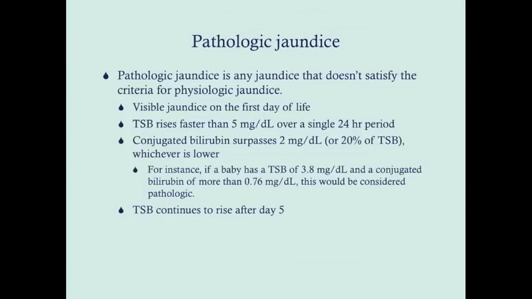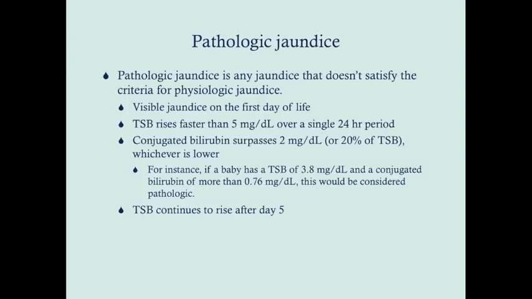So pathologic jaundice is any jaundice that doesn't satisfy the criteria for physiologic jaundice. So this is visible jaundice on the first day of life. It is a total serum bilirubin that rises faster than 5 milligrams per deciliter over a 24-hour period. It is a conjugated bilirubin that surpasses 2 milligrams per deciliter, or 20% of the total serum bilirubin, whichever is lower.